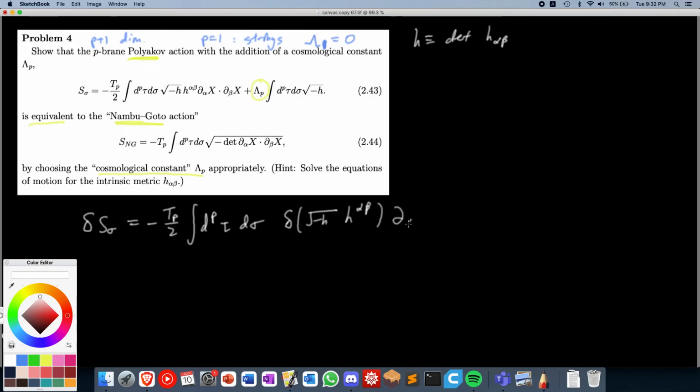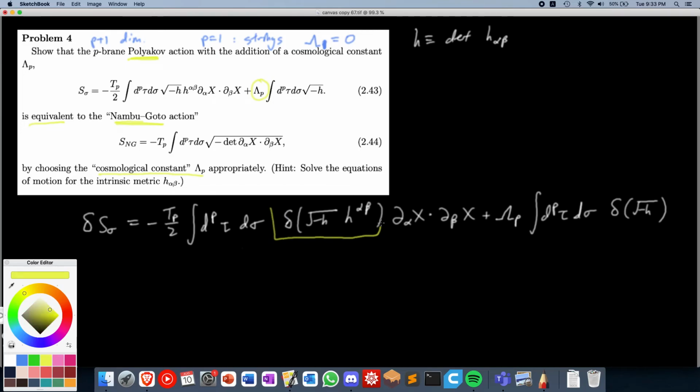The derivatives of the x's do not change with h, so they remain constant. And then we have the other term over here. So we need to compute these objects.